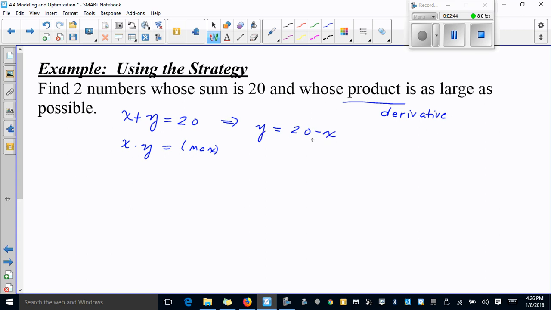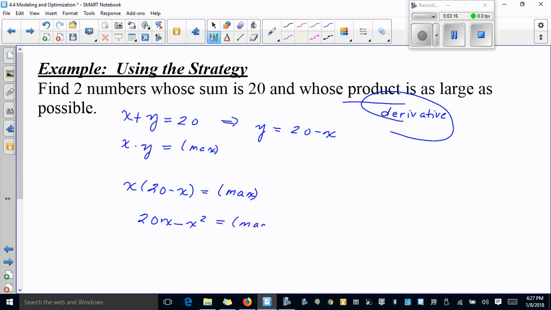Now I can replace this y value, and I get x times 20 minus x, which needs to be that maximum value. Well, to maximize or minimize a value, this is where the derivative comes into play. So I'm going to clean this up so I don't have to use the product rule. This gives me 20x minus x squared, and I need this to be a maximum value.